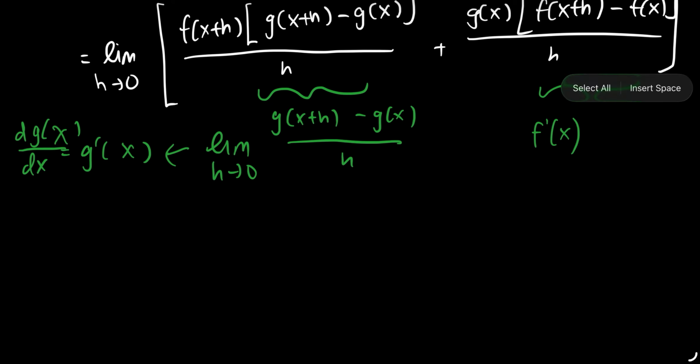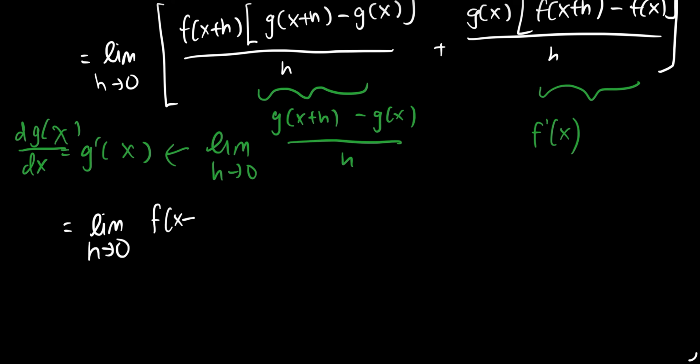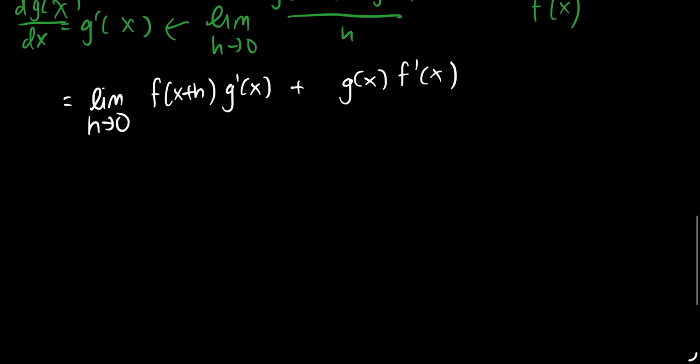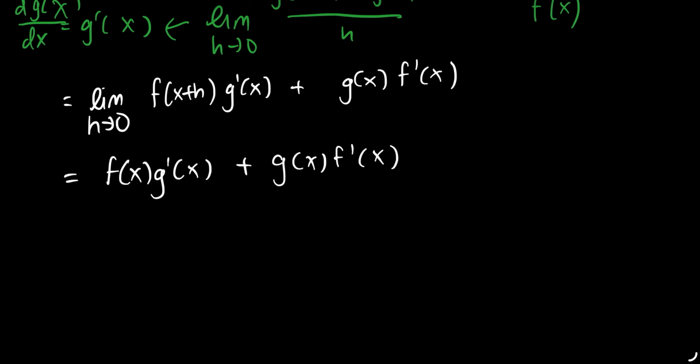So now we are going to collapse it again. This is the same thing as f(x plus h) times g prime plus g(x) times f prime. And now since h approaches 0, it's just f(x) g prime plus g(x) f prime. Yeah, we've solved it.